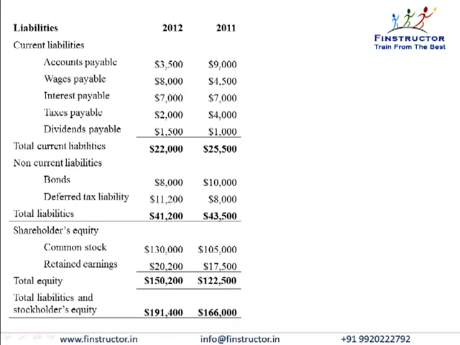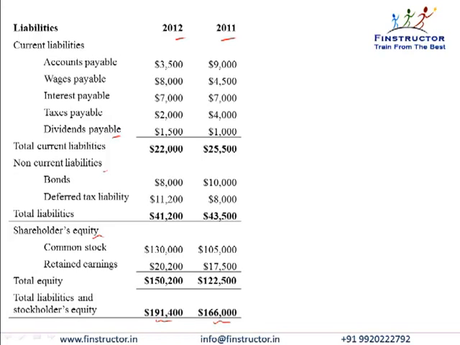We're given the liability side as well, current liabilities, non-current liabilities, shareholders' equity, and the total liability that matches the total assets. We are required to present the cash flow statement given the income statement and the balance sheet using the direct method of representing the cash flow from operations first.